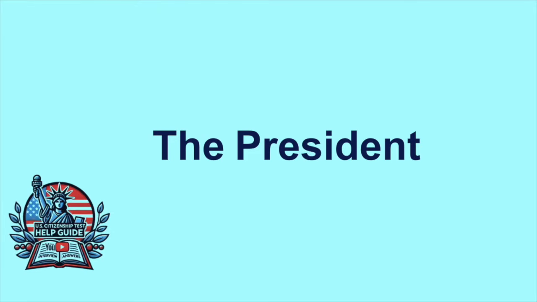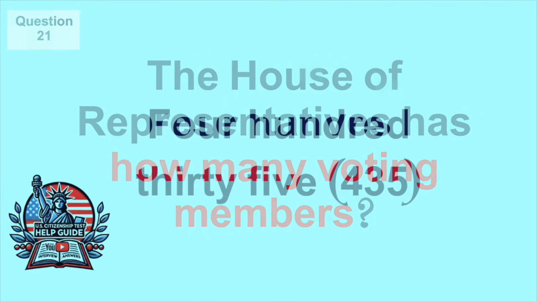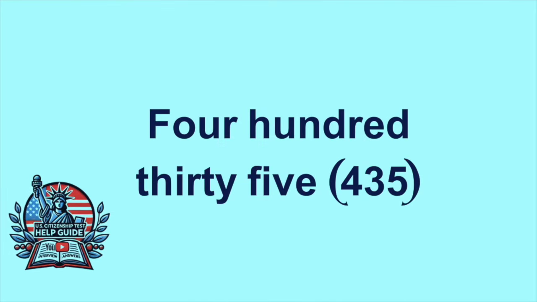The President. The House of Representatives has how many voting members? 435.